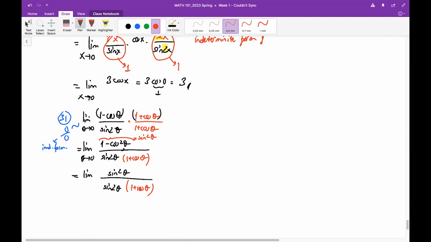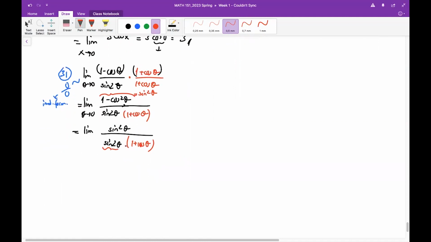Okay, next. There is a trigonometric identity for this thing, which is called the double angle formula. Do you remember it? This is the same as writing 2 times sine theta cosine theta. This is called the double angle formula.